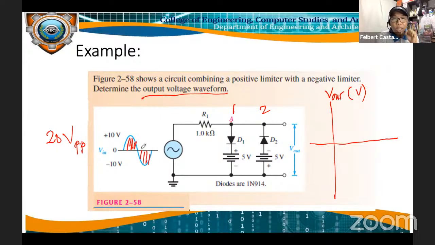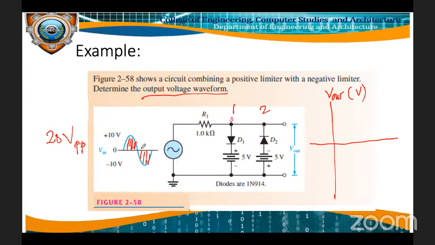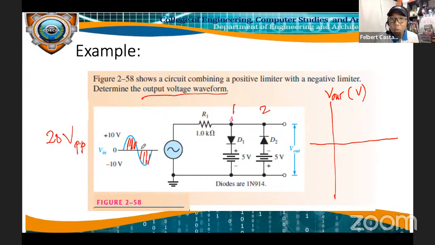Now, during the negative half cycle, which will work? D2. Because our negative input will actually forward bias D2. D1 is reverse biased, so our diode D1 is just open. So what is the output? You have a positive 5 volt bias connected to D1, and a negative 5 volt bias connected to D2. This is easy, you already know the output, guys.